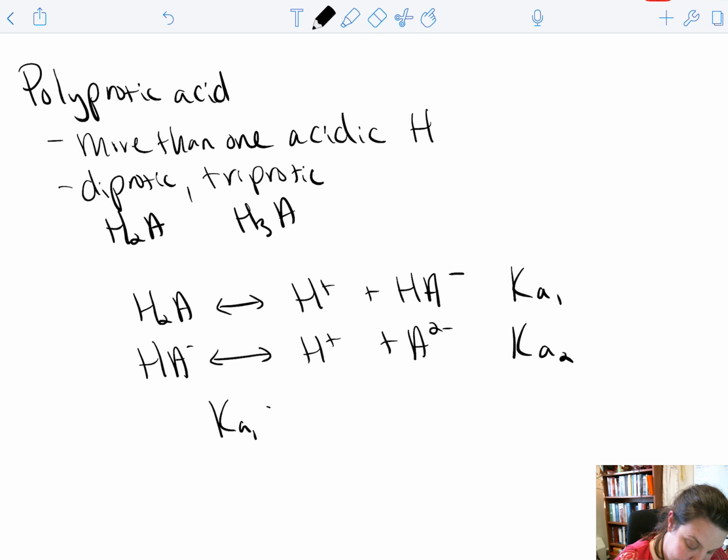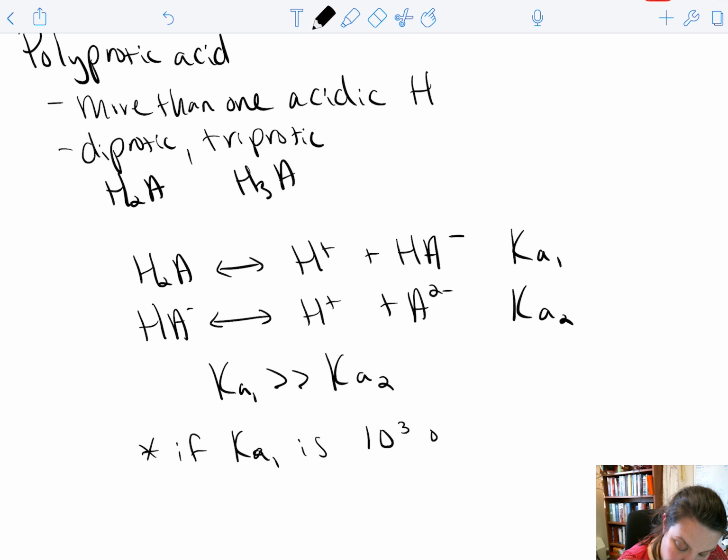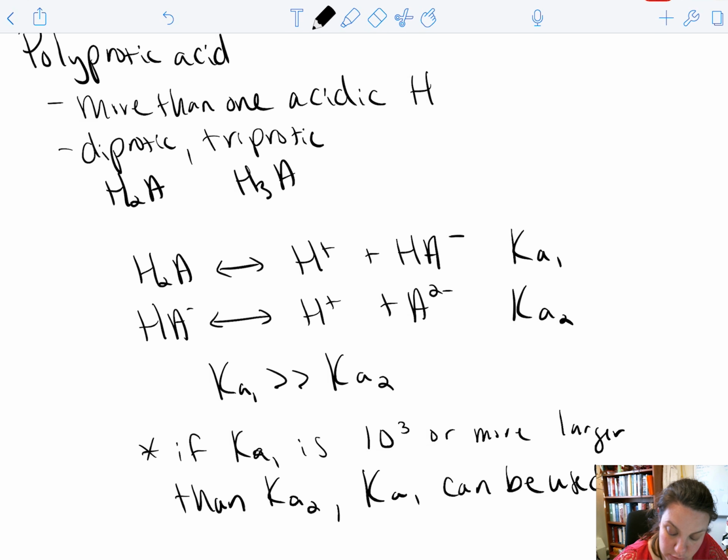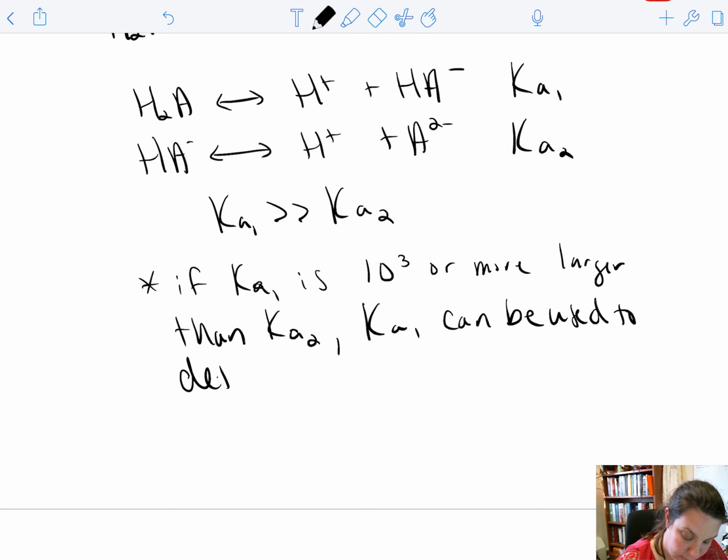So if Ka1 is 10 to the 3 or more larger than Ka2, Ka1 can be used to determine pH.